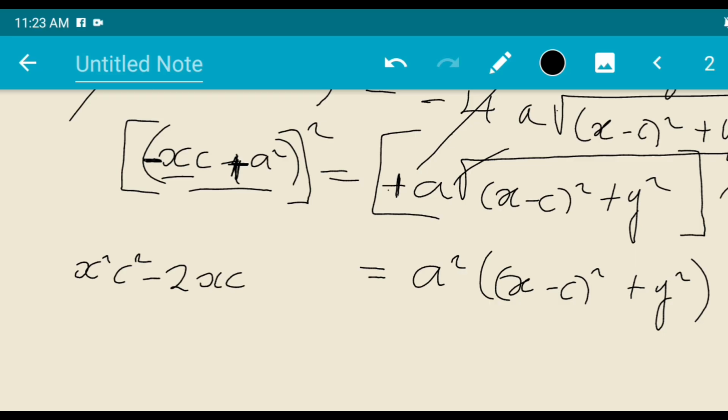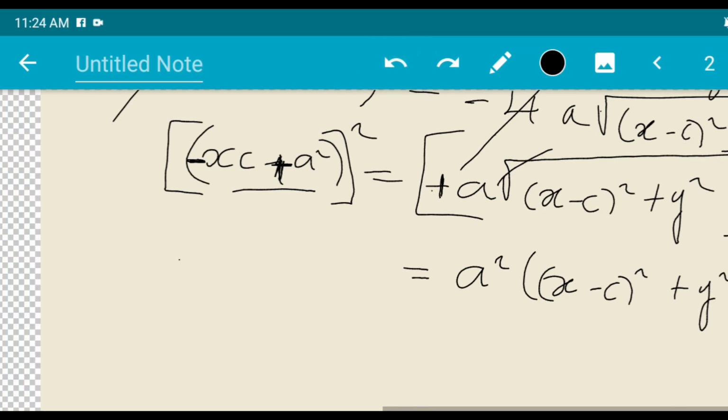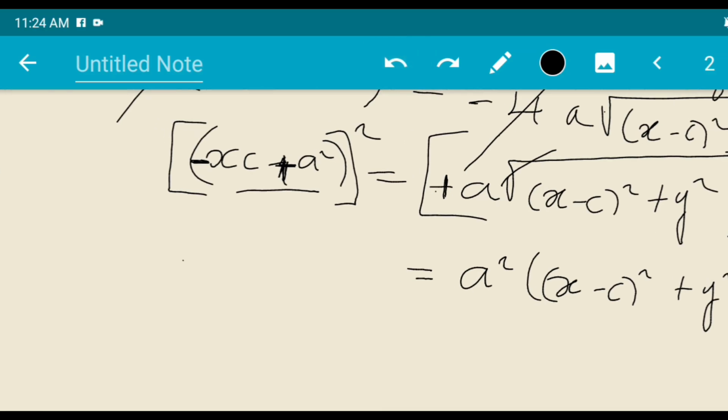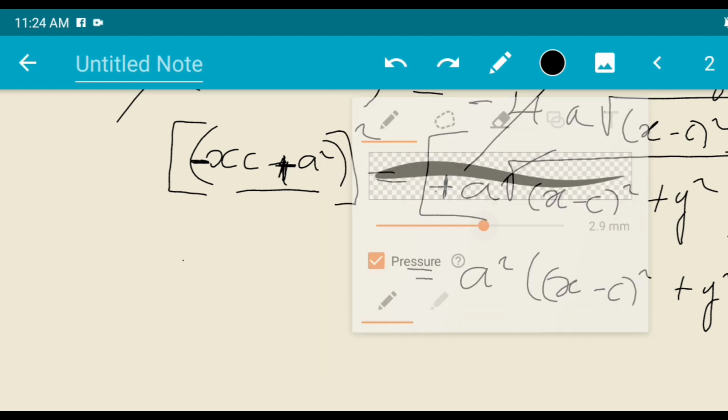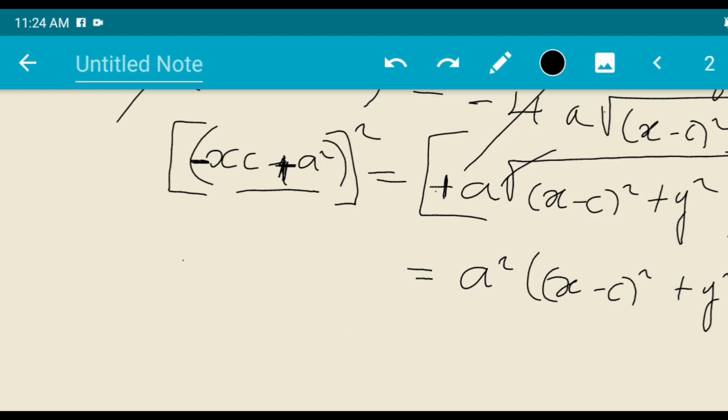2xc a squared. Let me just write that down again to avoid misusing space. So it is going to be x squared c squared, then we say minus 2xc a squared.